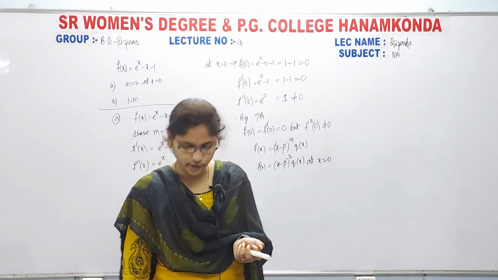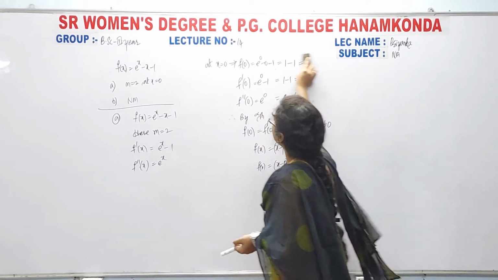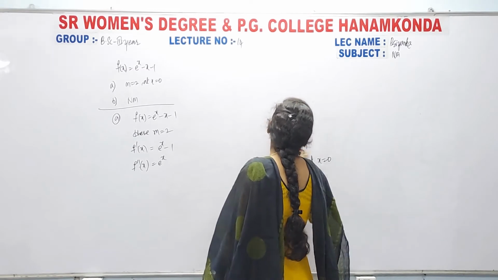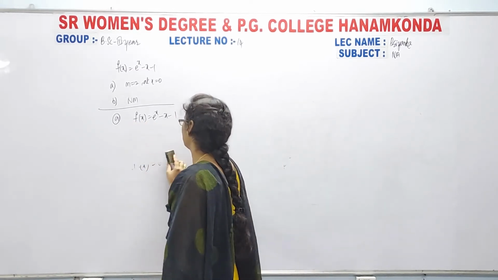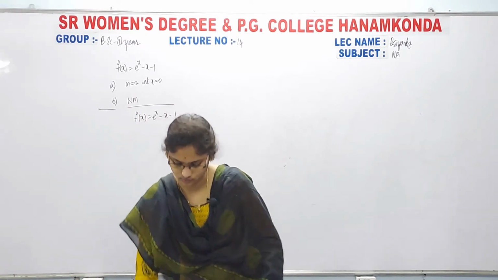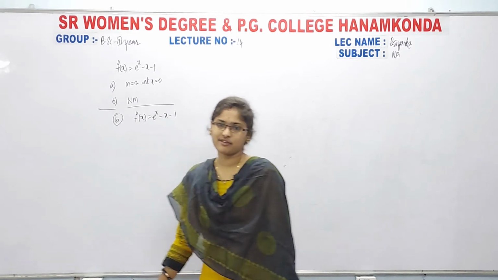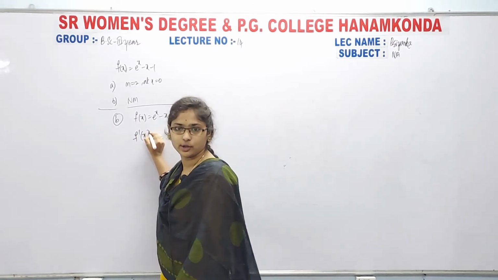Now here I am going to say a few steps and you have to calculate the remaining. So here f of x I know, and I have to calculate f dash of x for Newton's method.